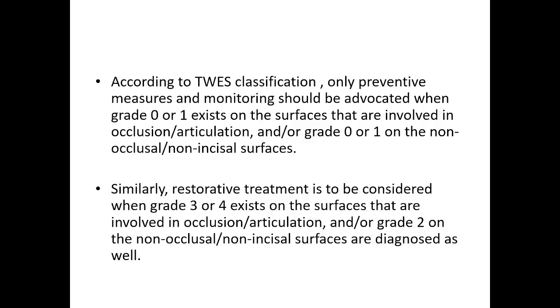Similarly, restorative treatment is to be considered when grade 3 or 4 exists on the surfaces involved. Grade 3 means that the tooth wear took place in more than one third and less than two thirds of the height of the crown, and grade 4 means that the tooth wear occurred on more than two thirds of the height of the crown.